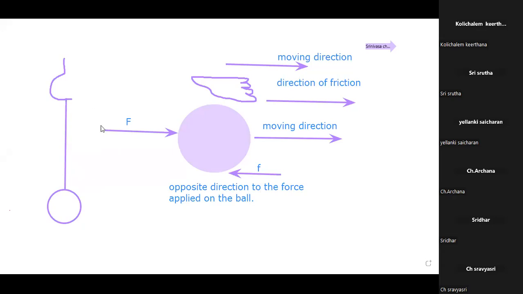For the hook to hold it, it has to apply that much force. Next, the forces developing in the string are known as tension forces. By suspending a weight to the string, it develops some force, and the force produced in the string is known as tension force.